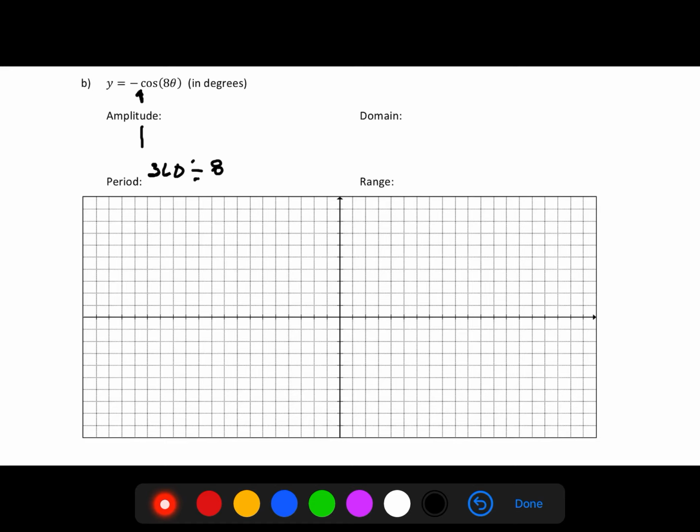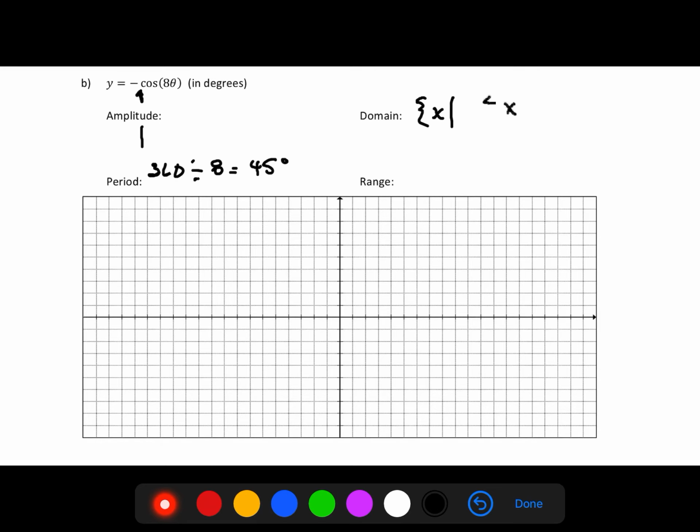Our period, which is normally 360, is now going to be divided by 8. So we're going to have 45 degrees. We do have a reflection in the x-axis.